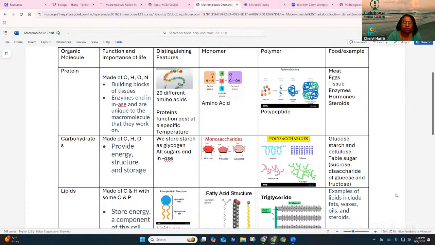Test question, test question, test question. And what else do we want to know? Okay, monosaccharide. So the monomer. So they asked you to name the monomers. The monomer for a protein is an amino acid. The monomer for a carbohydrate is a monosaccharide.